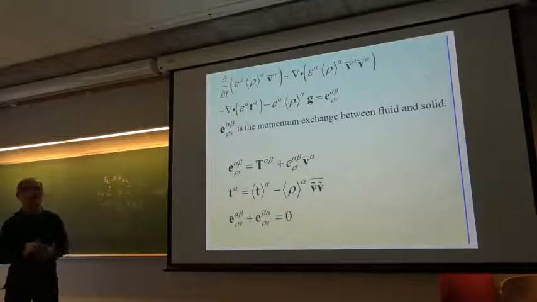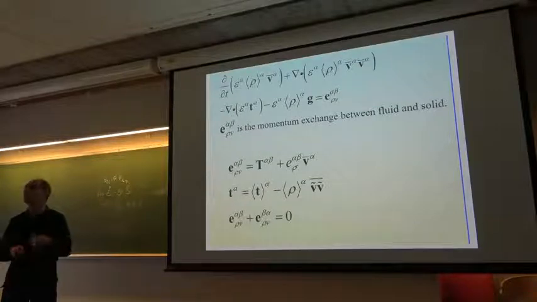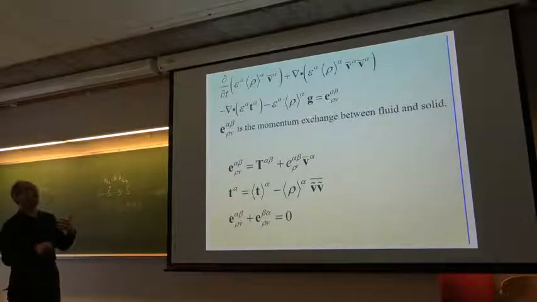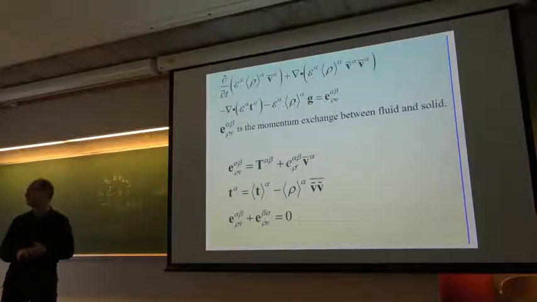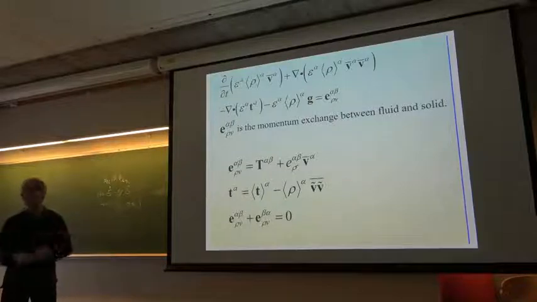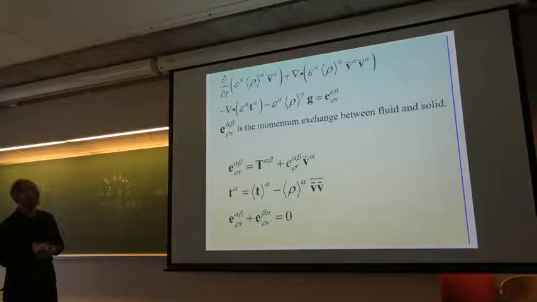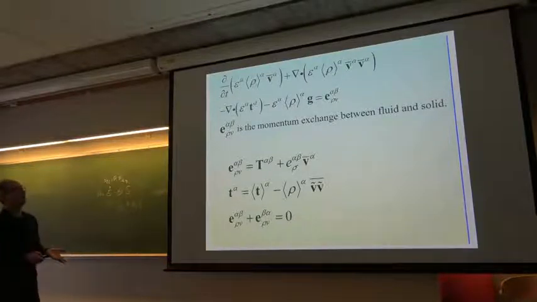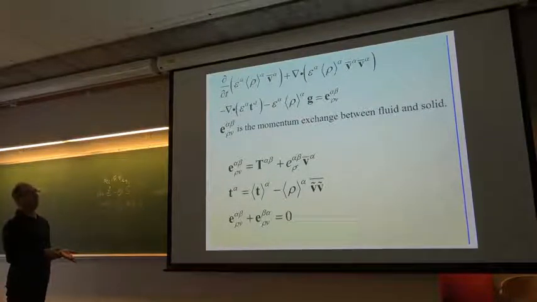You can say, okay, the momentum is not conserved. Yeah, for one phase, indeed, it's not conserved. But you can also say, I put this on the left-hand side and that's equal to 0, that's conservation too. There is an equality, and that's conservation. And definitely the sum is 0, so total momentum for the two phases is conserved.